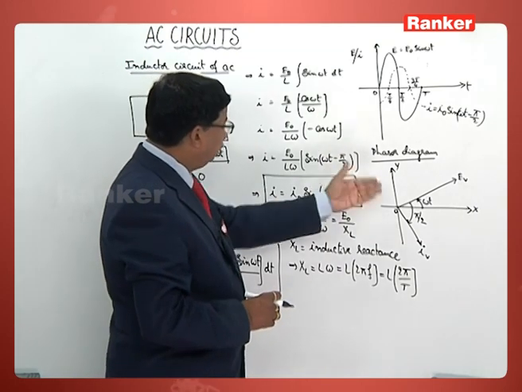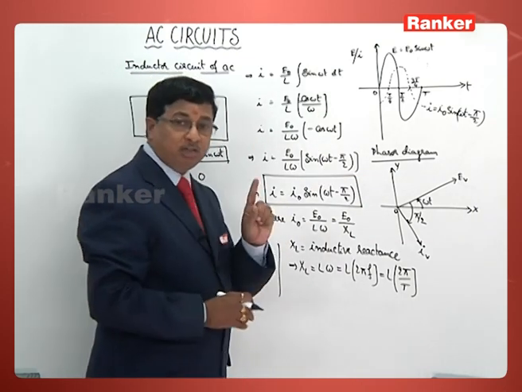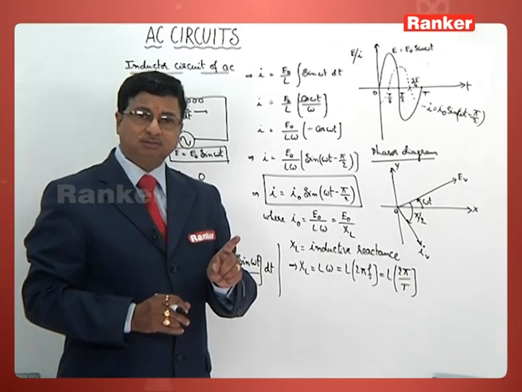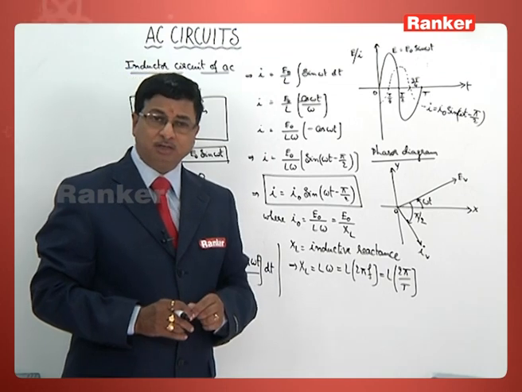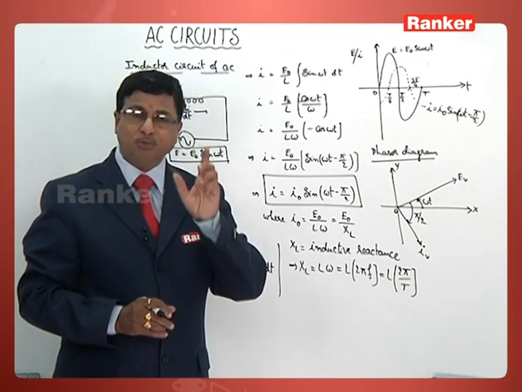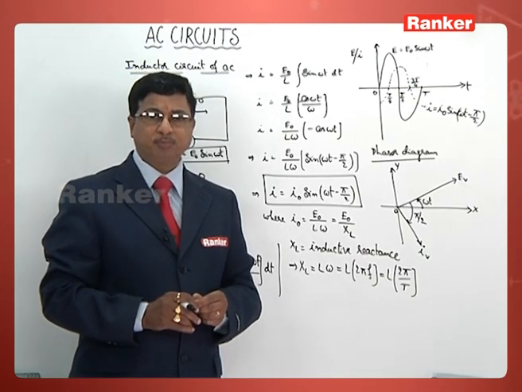So, by looking at these two, one can reiterate that EMF is leading by pi by 2 radian in the case of a pure inductance circuit of alternating current.